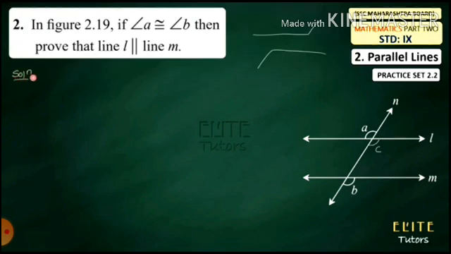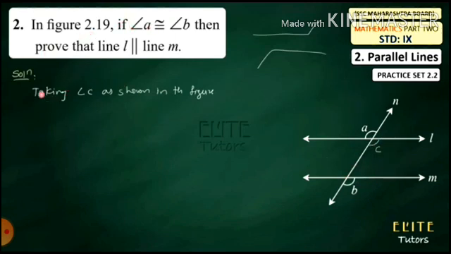So we can prove L and M are parallel to each other. So we will assume C. We will write in the solution: taking angle C as shown in the figure. Angle C and angle B make an F shape, and F shape angles are corresponding angles, taking the same position in the figure.